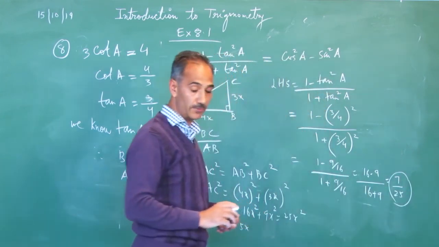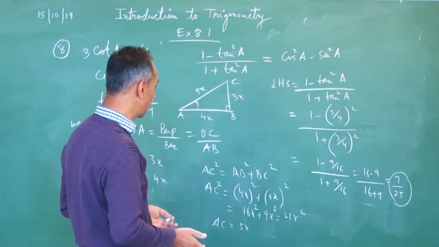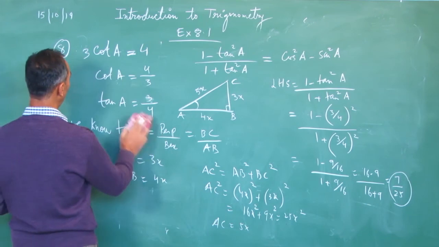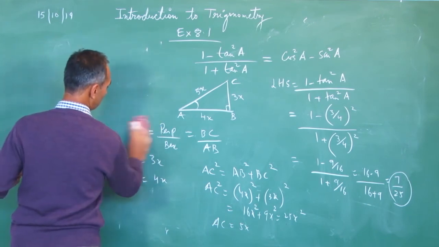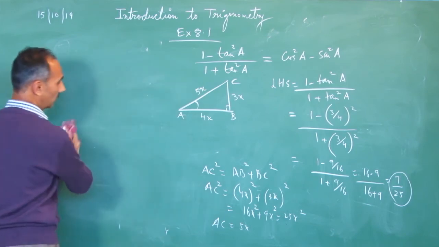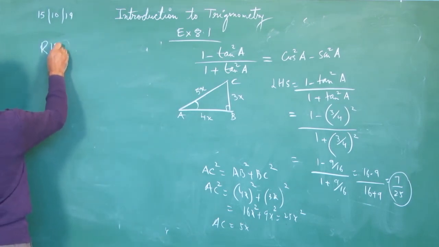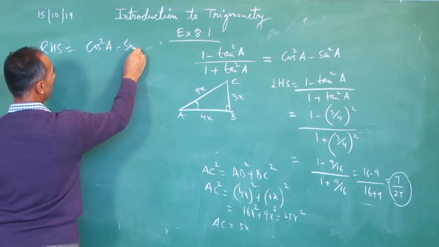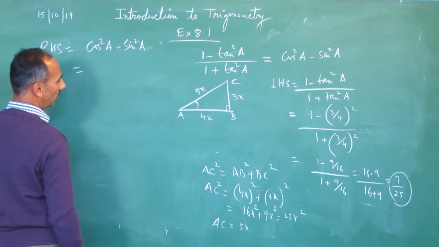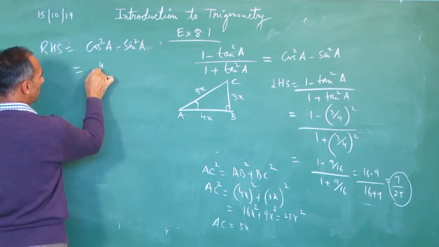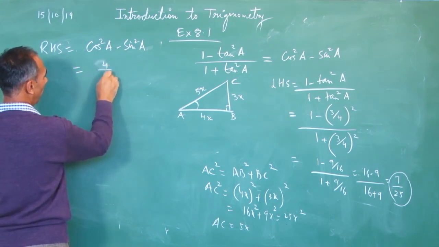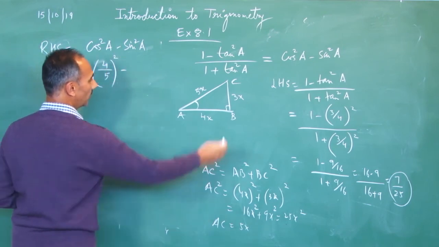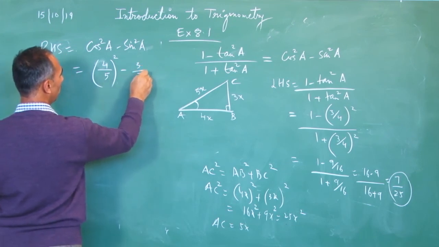That means when you simplify, the right hand side should also give you the same result. Let's put the values on the right hand side. My right hand side is cos square A minus sin square A. Cos is base by hypotenuse, so this is 4 by 5 whole square, minus sine, which is perpendicular by hypotenuse, 3 by 5 whole square.